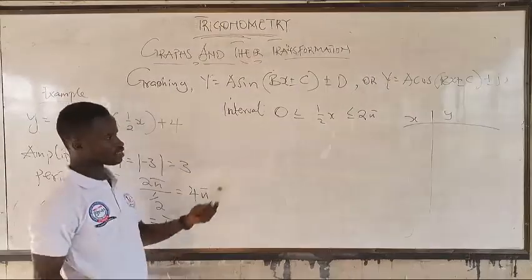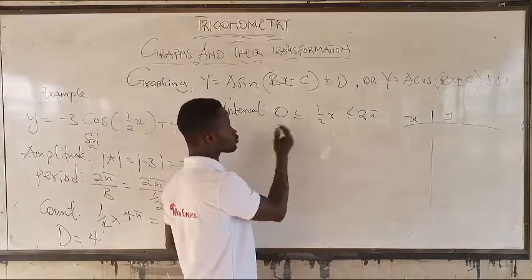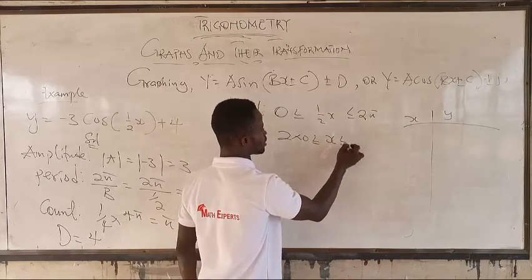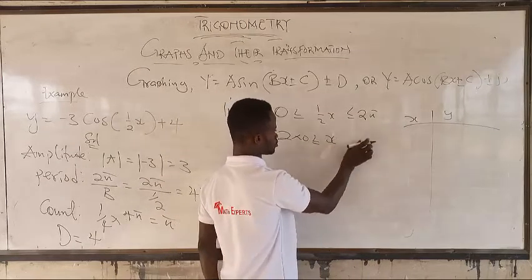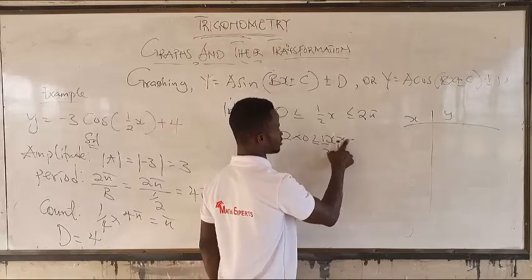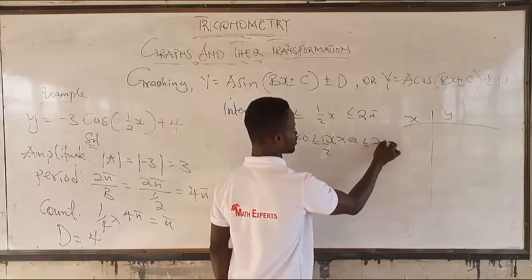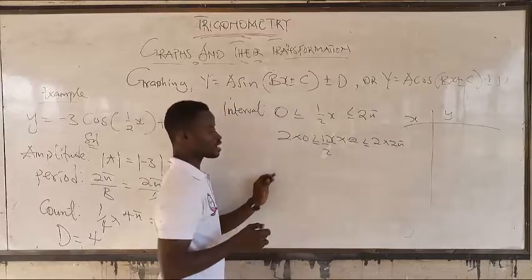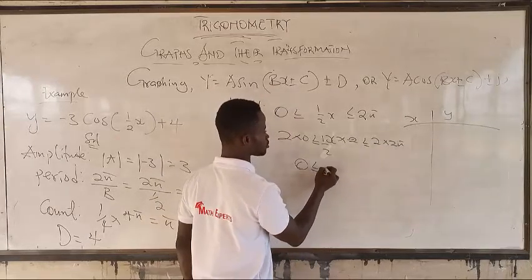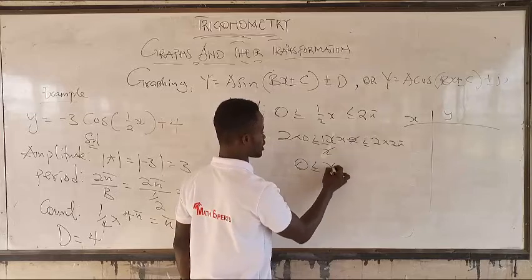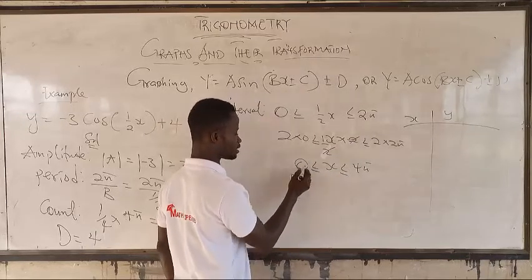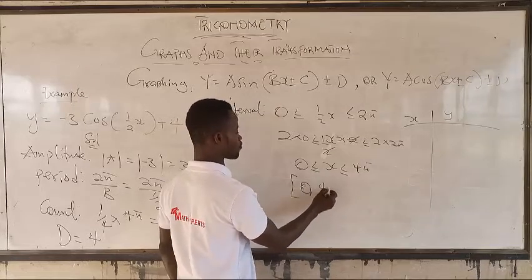We multiply 2 by 2, we get 2 times 0 less than or equal to S less than or equal to 4 pi. So you can see that the interval is 0 to 4 pi.